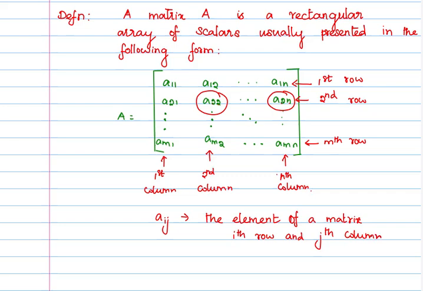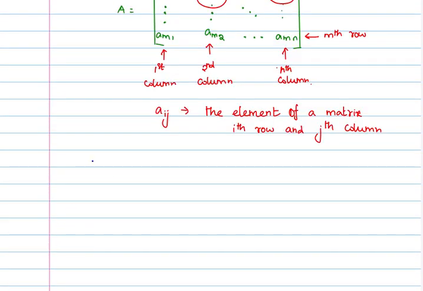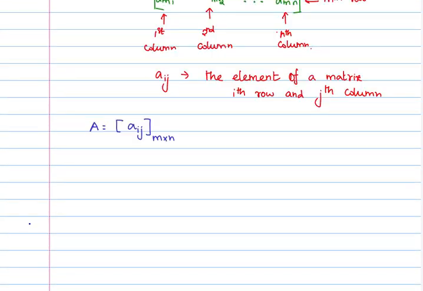That is the way we define it. Some people denote the matrix simply as A equal to the square bracket of Aij and mention how many rows and columns there are. We don't like that shortcut. This is how we usually define a matrix.